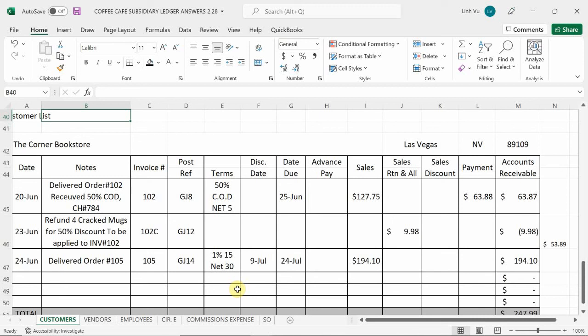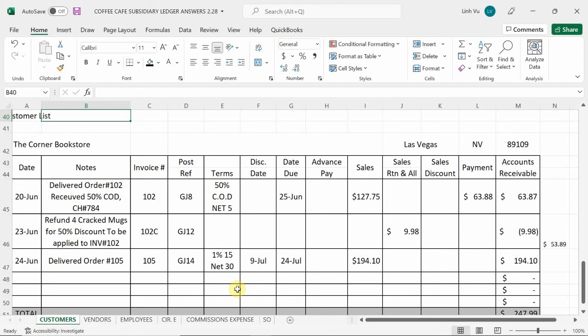But let's separate this, okay? So invoice number 102, right? We charged them a total of $63.87 because they made a down payment of 50%. And that means they have to pay within 5 days. So in this case, the due date is indeed June 25th, which is today. But in this case, right, they requested a refund because we cracked their mugs and we issued them a $9.98 refund.